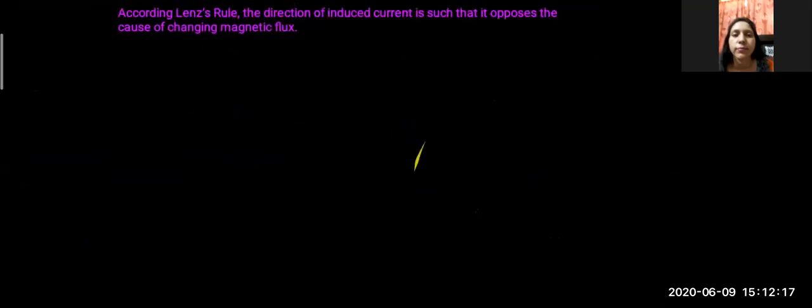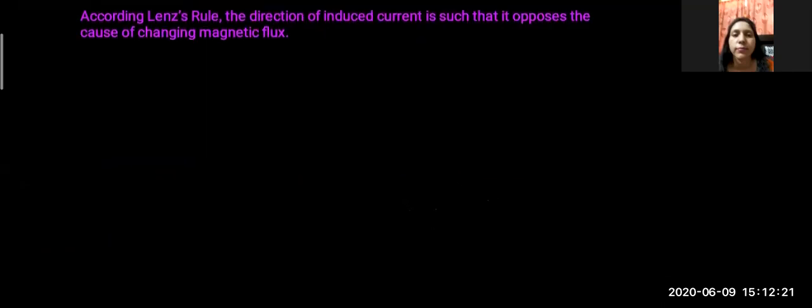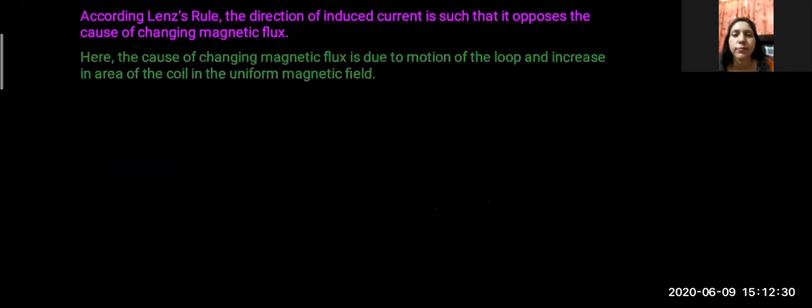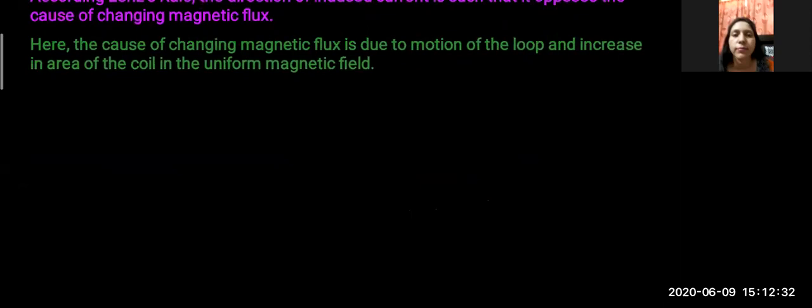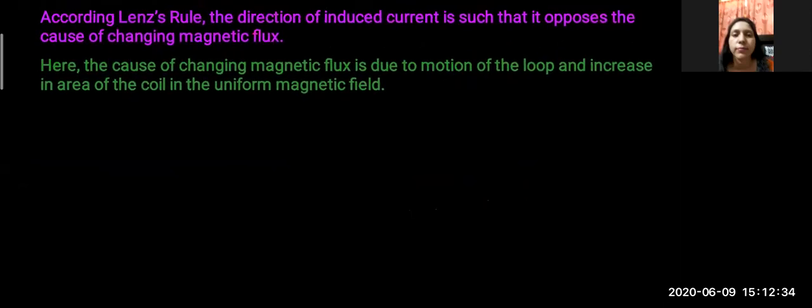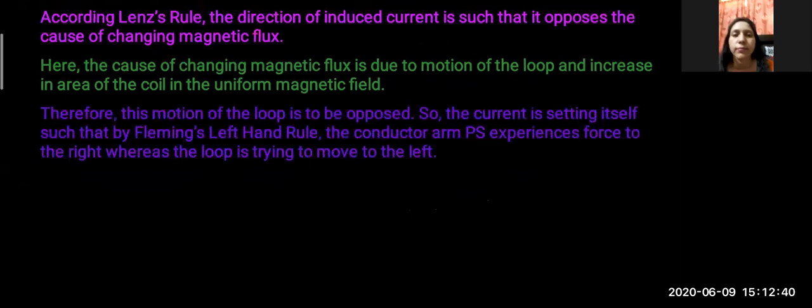So according to Lenz's rule, the direction of induced current is such that it opposes the cause of changing magnetic flux. Here, the cause of changing magnetic flux is the motion of the loop and the increase in area of the coil in the uniform magnetic field. Therefore, this motion of the loop is opposed.